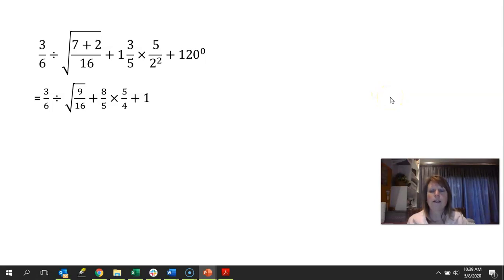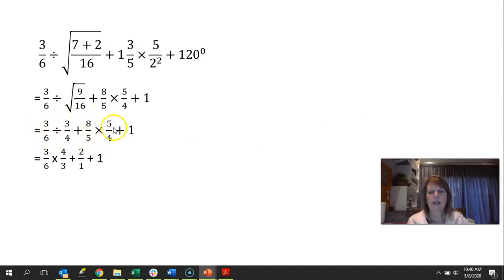Okay, so now the next thing to do is work out the square root of 9 over 16, and it will be 3 over 4. So now we have 3 over 6 divided by 3 over 4, plus 8 over 5 times 5 over 4, plus 1. Right, so we can now tip and times there.